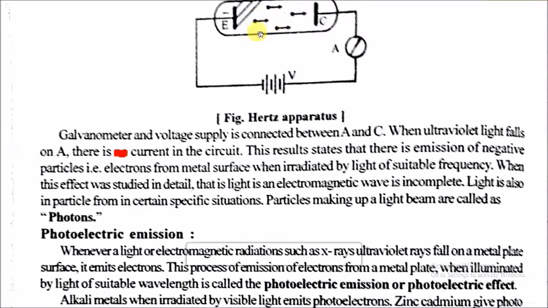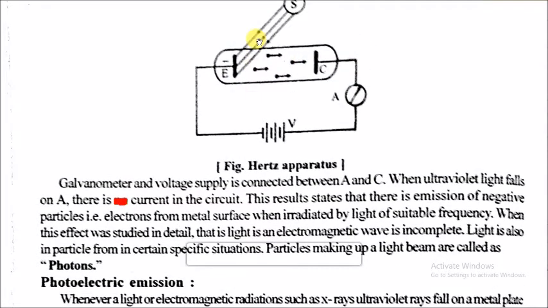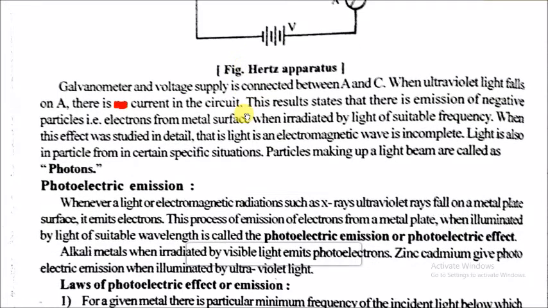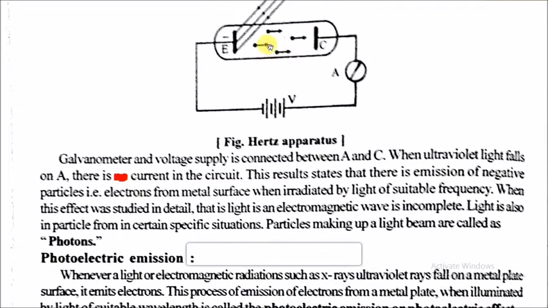This process is called the photoelectric effect, meaning the electric effect due to photons, the ejection of electrons due to the impact of photons. This effect is called the photoelectric effect, this emission of electrons is called photoelectric emission, and the electrons emitted in this process are called photoelectrons.